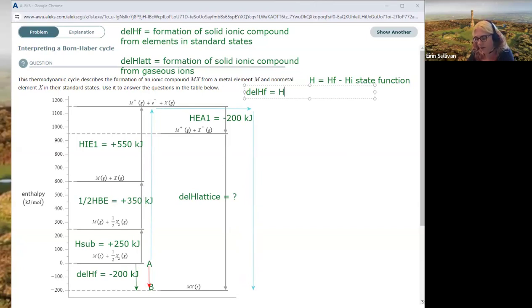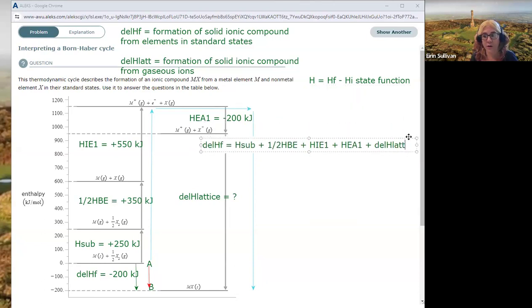So that's your enthalpy of sublimation plus your bond energy, HBE, plus your ionization energy 1, plus your electron affinity 1, plus your lattice energy, right? We don't know the lattice energy, but we know everything else. So then we would just rearrange and solve for lattice energy.